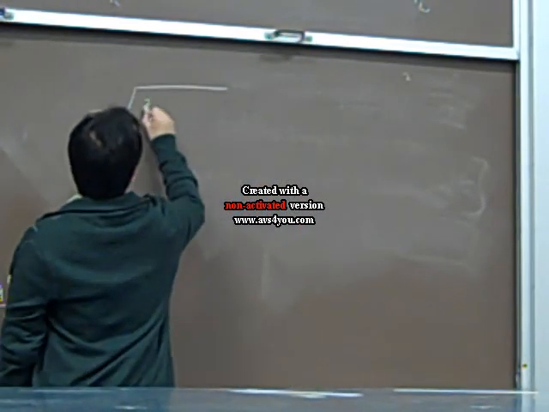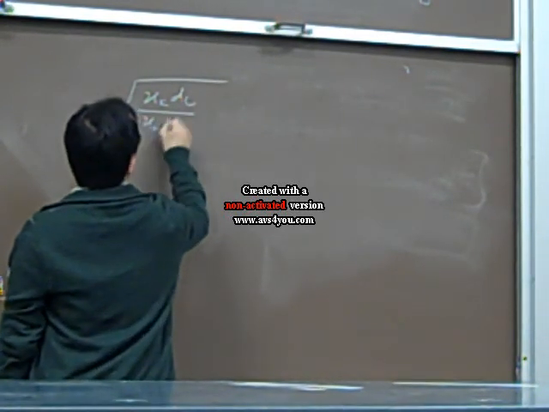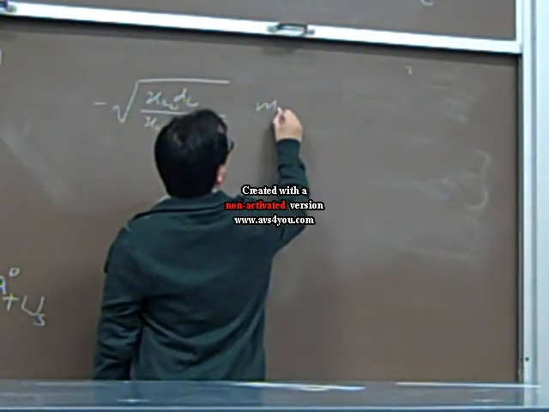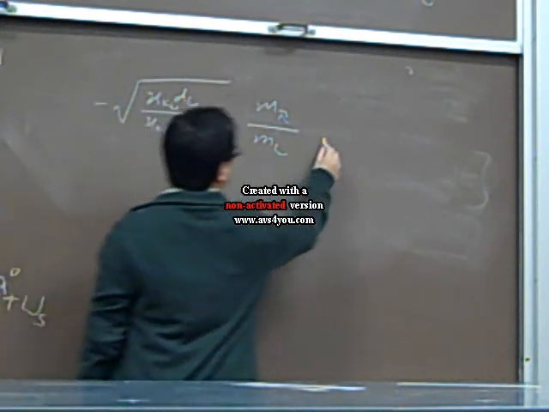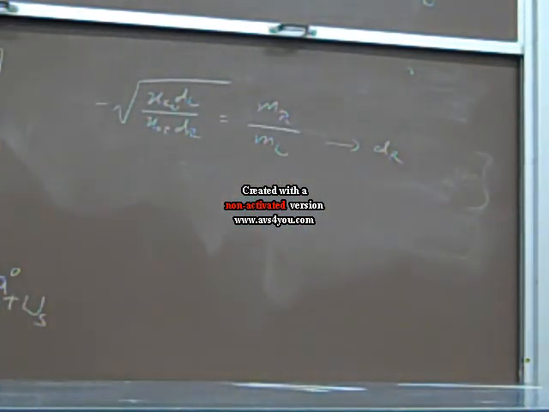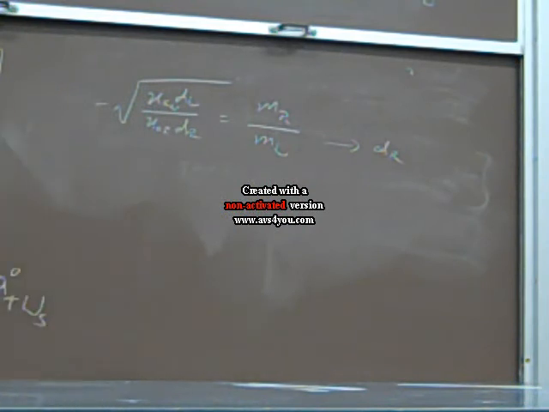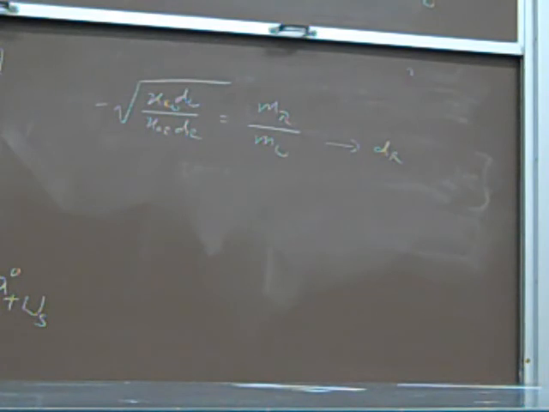Negative square root of mu KL dl divided by mu KR dr equals mr over ml. So you want to solve for dr. It's just one equation. You know all these quantities, and you can solve it for dr. This is a common way to solve equations.